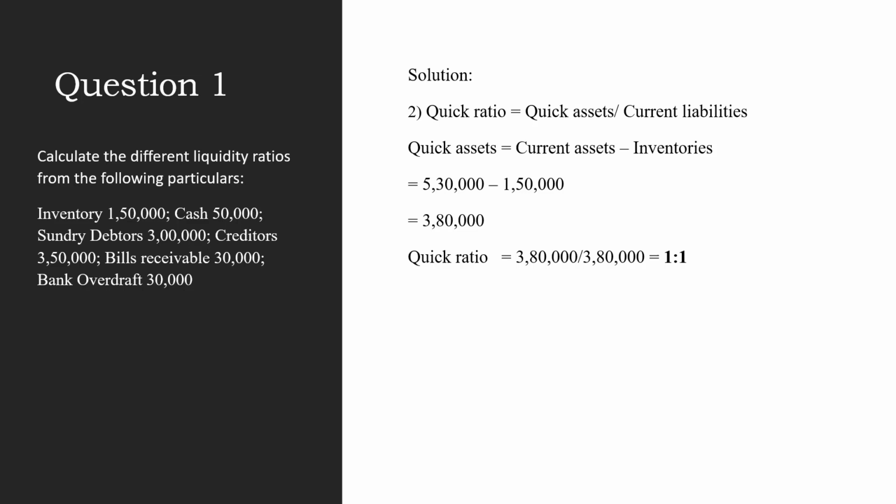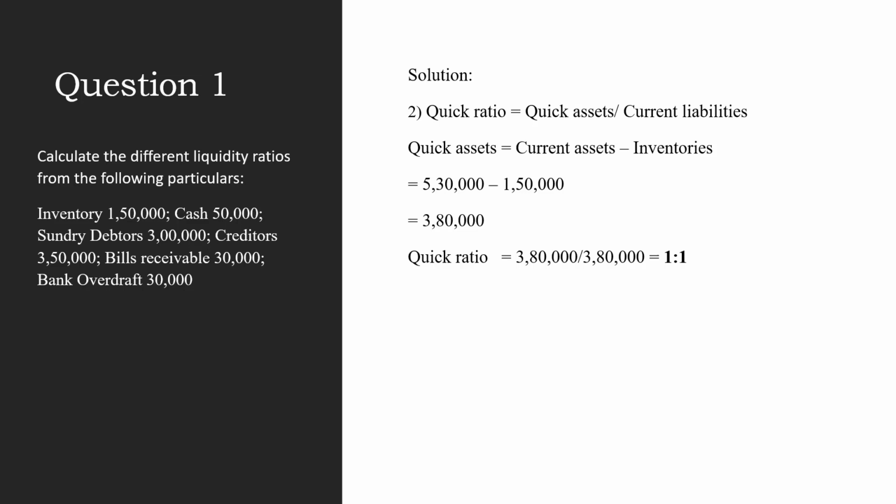But if you have only 20,000 rupees and the loan amount is 30,000 rupees, will you be able to pay it? You will not be able to pay it, right? Same way in the company also, if the quick assets are not sufficient, then you are not able to pay off the current liabilities, whatever liabilities you have.